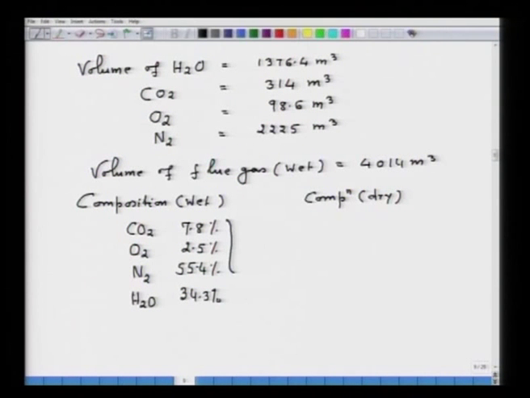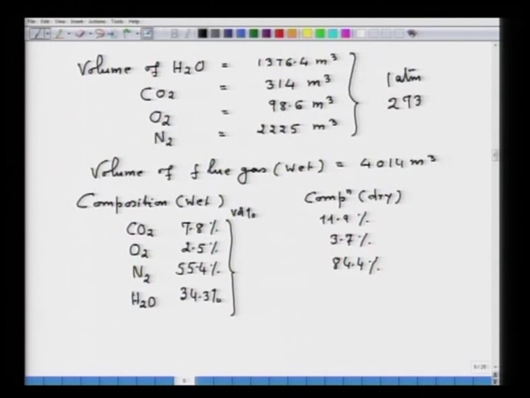Now, these are all volume percent. Dry, that will be 11.9%, 3.7% and 84.4%. Mind you, all these volumes are expressed at 1 atmosphere and 273 Kelvin, because I have taken 1 kg mole as 22.4 meter cube. So, that is the calculation of the composition.